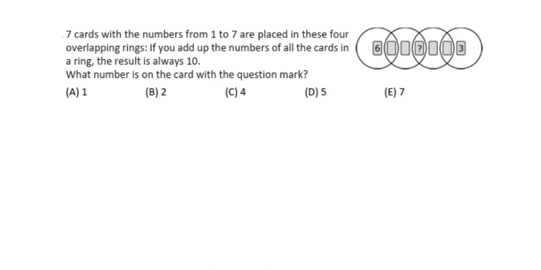So these are cards 1, 2, 3, 4, 5, 6, 7. 7 cards. So if you add up the numbers of all the cards in a ring, the result is always 10. Meaning that this is a ring on its own. If you add up 6 and this number, it will give us 10.